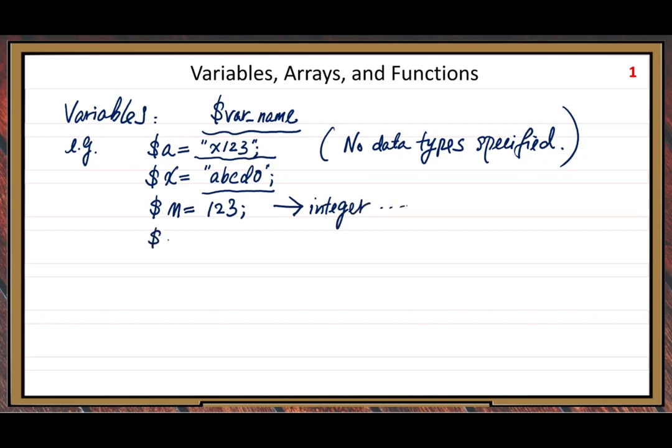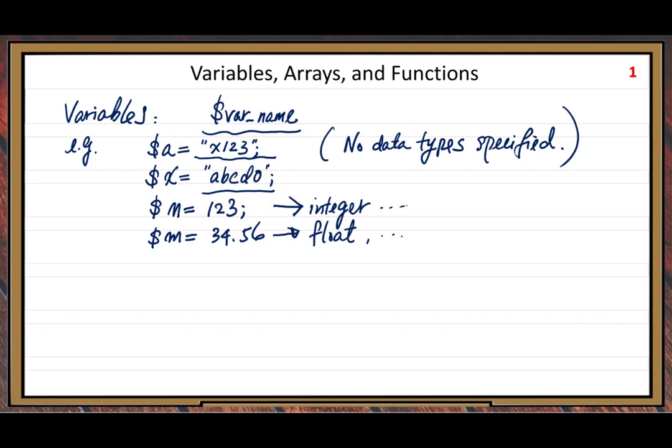Then you may have non-integer floating point numbers, converted to float automatically, and so on.